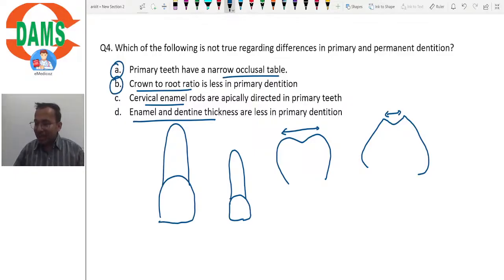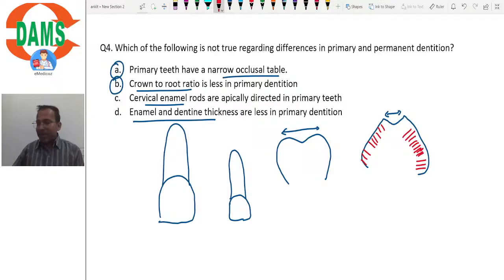Option C says cervical enamel rods are apically directed in primary teeth. In primary teeth, all the enamel rods are occlusally directed, right? Now, when it comes to cervical enamel rods, they can either be occlusally directed or, at max, aligned horizontally.